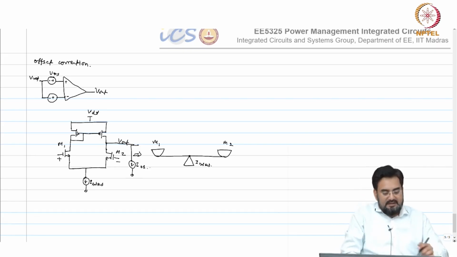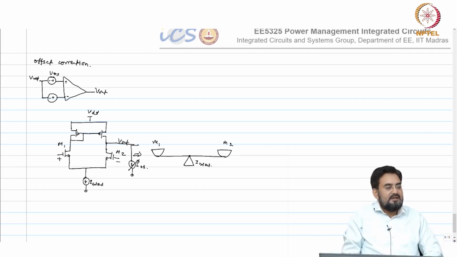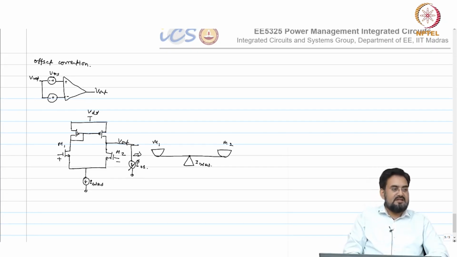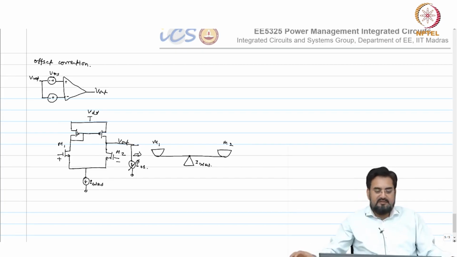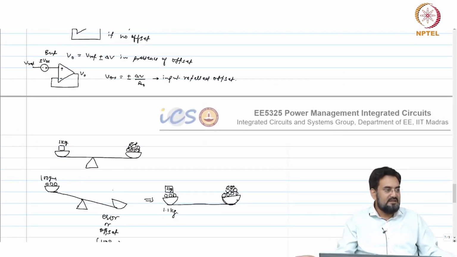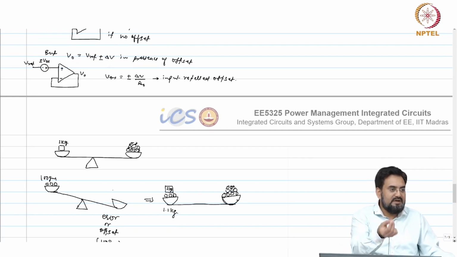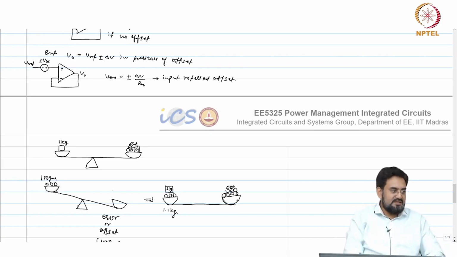This is a variable current, but how do I know how much current to add, or if I have to increase the size of the transistor, how much do I increase? How did we figure it out in the case of the balance? Initially you don't know it's a 100 gram error, so you have a small weight, let's say 10 gram, 25 gram, whatever. You keep putting that until the direction is changed, until this side gets heavier than that.